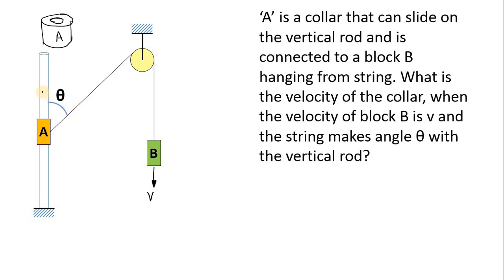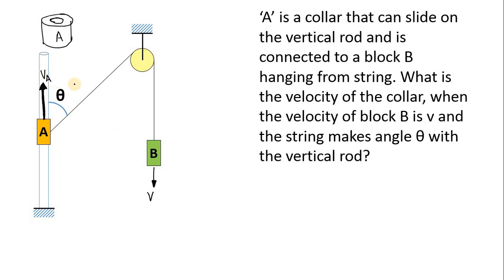Now definitely the velocity of the collar A will be along the rod only, because the collar A is constrained to move along the direction of the rod only, since the rod is passing through the hole. So even though the string is making angle theta, A can only slide up or down. So let us say the velocity is VA upwards.